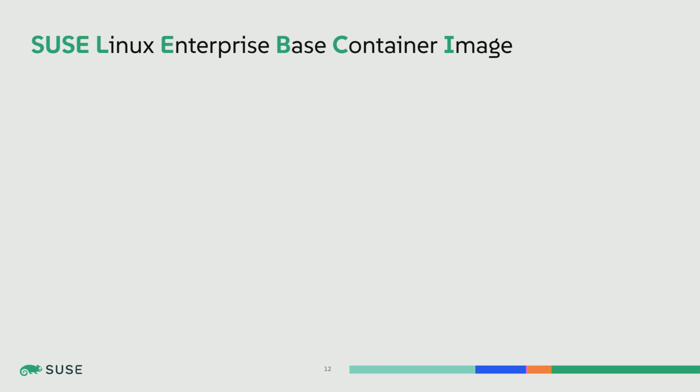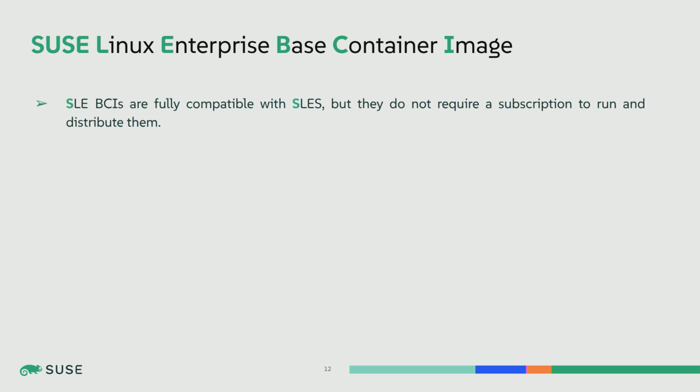So now, what is SLE BCI? It stands for SUSE Linux Enterprise Base Container Image. Whew, that was a long sentence to say, but what it is, is our own registry. So you will have enterprise container images available there.